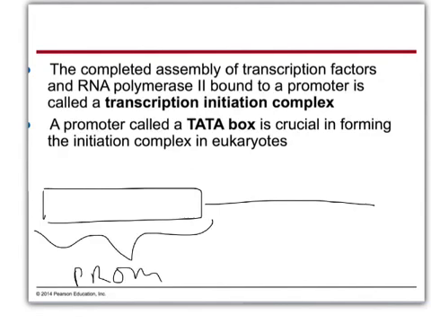Within this promoter will be a sequence of DNA that's TATA, what we call a TATA box. It's a short stretch of DNA nucleotides on the DNA strand with a stretch of A's and T's. We call it a TATA box, and that is important for binding of RNA polymerase to that area. And it's conserved over genes.